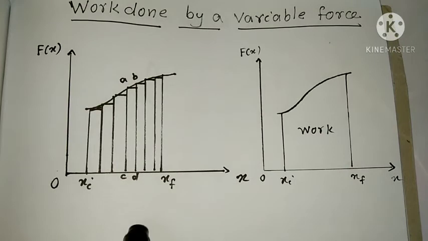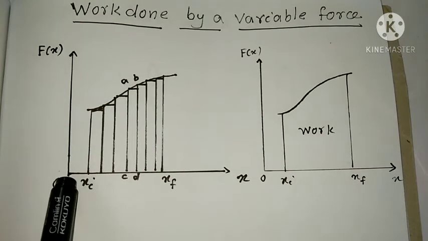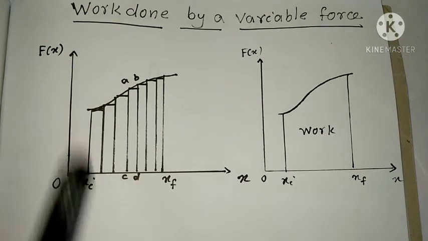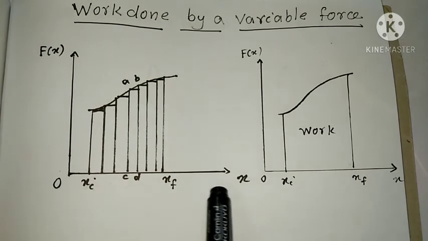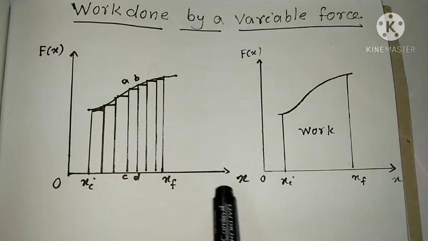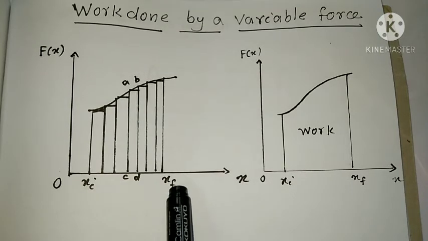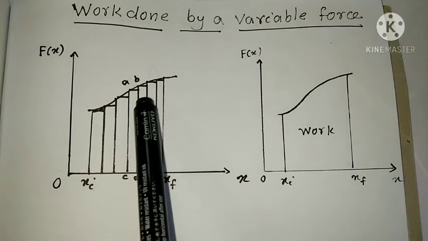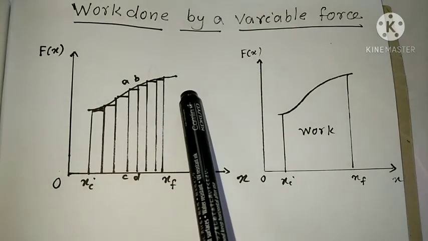That graph consists of force on the y-axis and displacement on the x-axis. The force is a variable one, so the nature of the graph is not a straight line, it is a curved one.